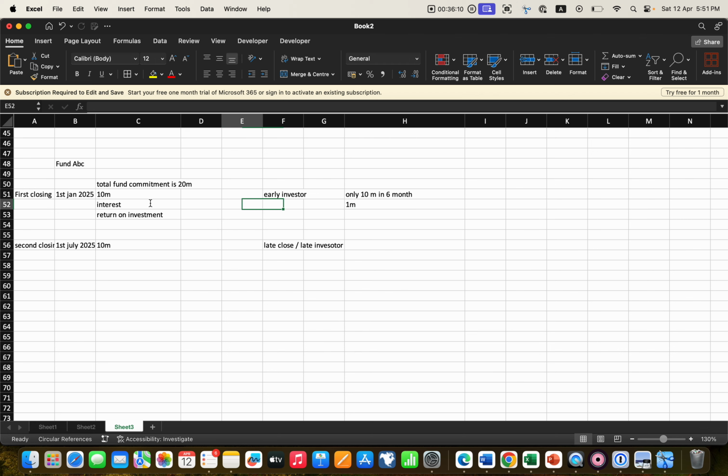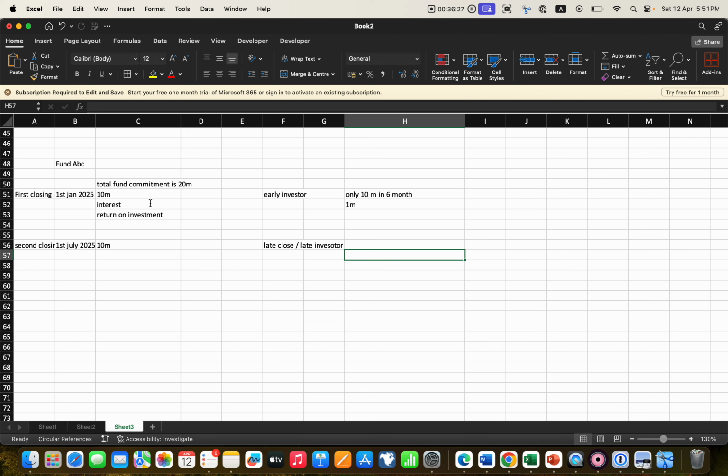So the question is, if he joined, he will not get a return of 1 million, because he joined 6 months later, and only the early investor has the right to that 1 million.